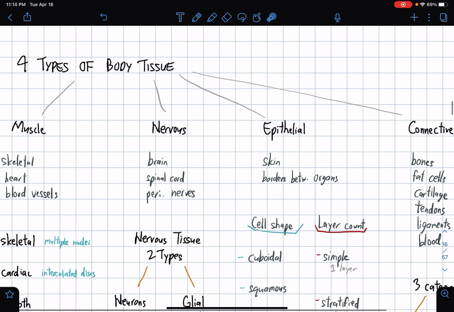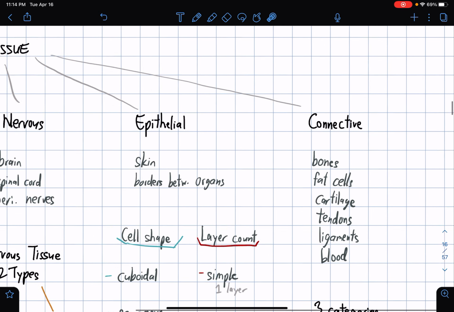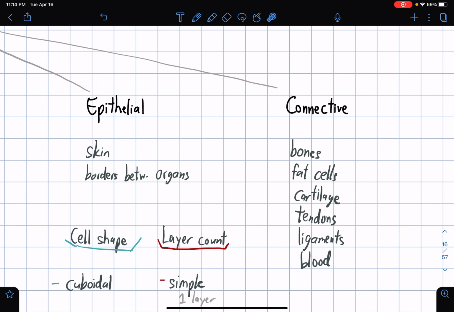Okay, so for the fourth type of body tissue, connective, this tissue is found in the bones, the fat cells, the cartilage, the tendons, ligaments, and the blood. Four of the six I mentioned are associated with bones: bones, cartilage, tendons, ligaments. They're basically attached to bones, and of course blood and fat cells.